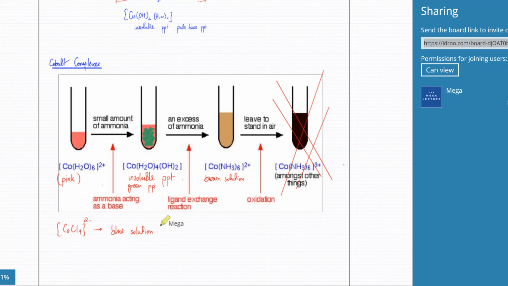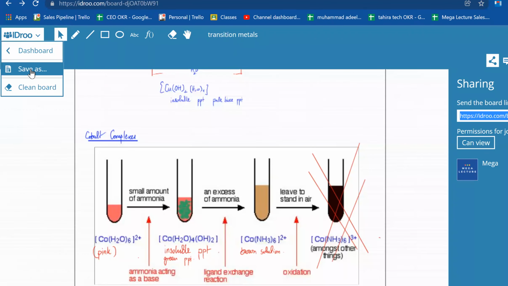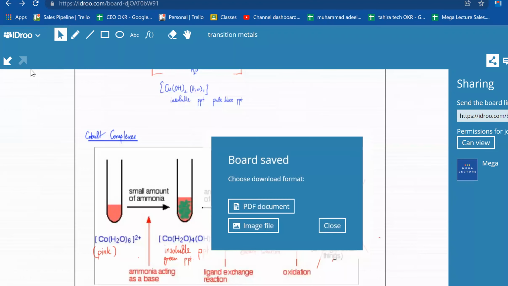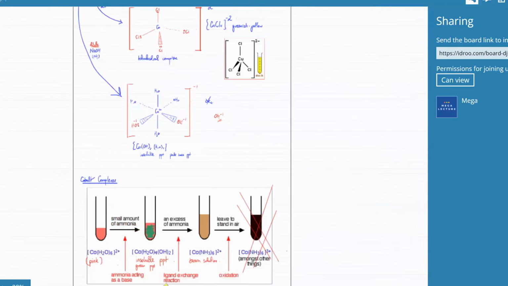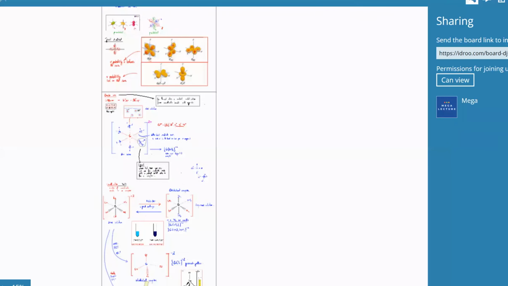What you can simply do is if you open this over here, there's a save as option. You can save it as a PDF. It will be saved as a PDF. Or as an image, or you can simply copy it down from all the notes. Previous ones are also written over here.